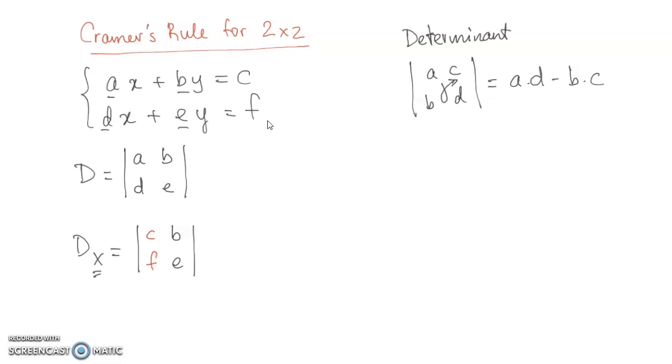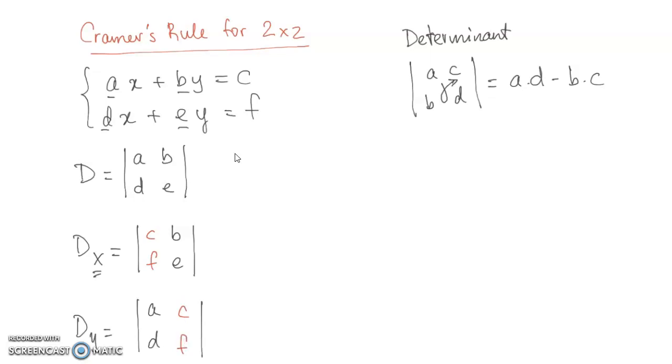So similarly, we have dy, and again, because we talk about the y, the coefficient for x will stay the same, so we have A, D, and for this column here, representing y, we would replace it with C and F, okay?